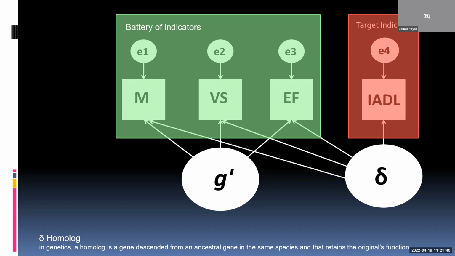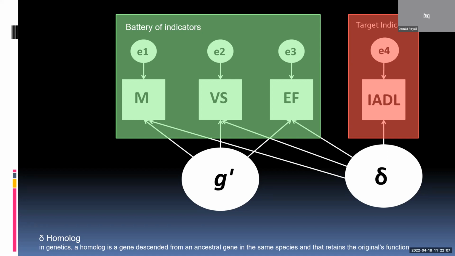Now, a homolog is borrowed from genetics. It means a gene descended from an ancestral gene in the same species and that retains the original's function. So basically, because G manifests in every observable cognitive measure, there is no theoretical limit to what the cognitive indicators can be in this model.